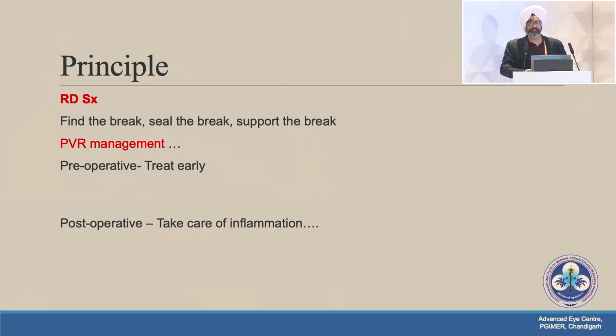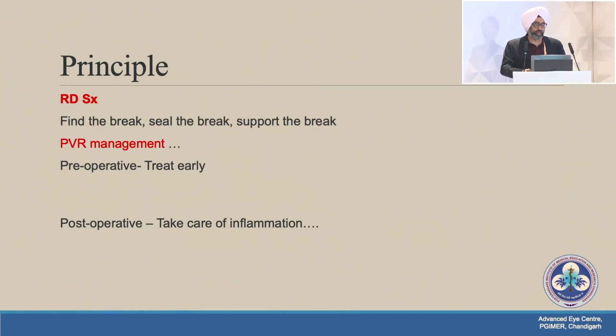Pre-operatively, treat early. Don't make your RD surgeries wait. Operate them as early as possible. Don't think that you'll operate the next day or in 3 days, because if you have RD with CD or young patients, you have to treat them early.